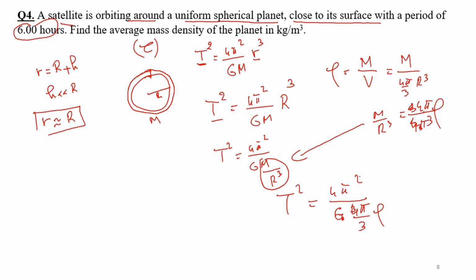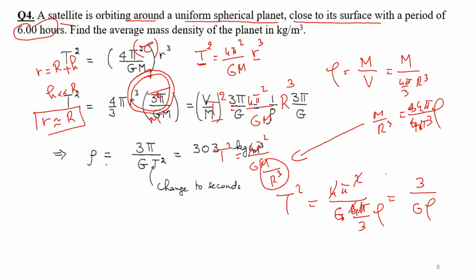And you see that this 4 and this 4 will go away, this pi and this pi will go away, and you will end up with T squared is basically 3 divided by G rho.